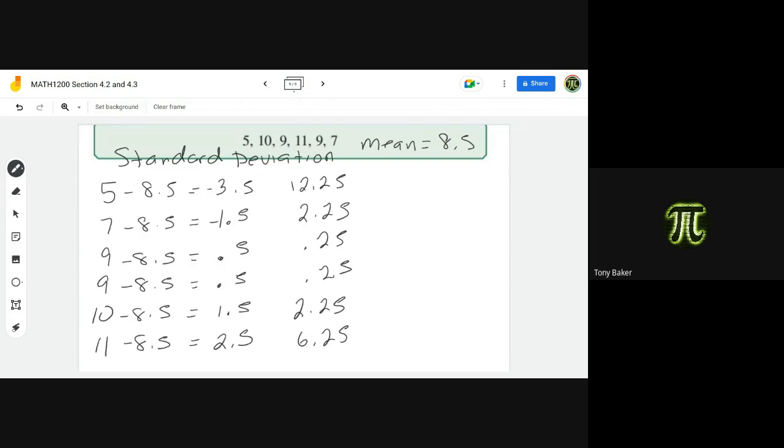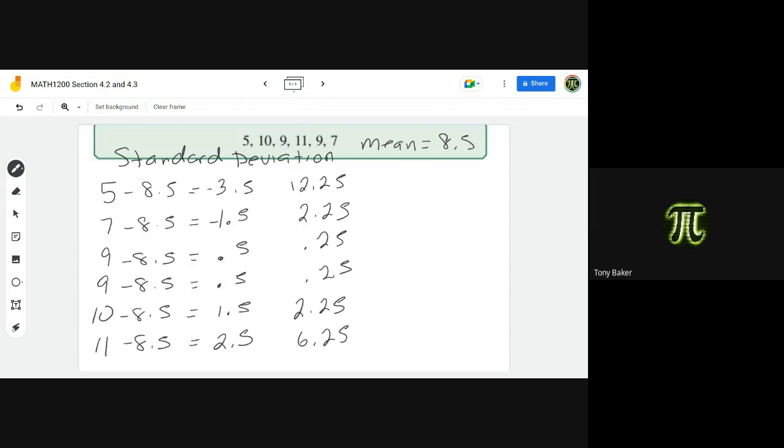Okay, 2 more steps. This is why I'm never going to have you do this out by hand. It's just not going to happen. You're going to add them up. Yep, add up all the squared ones.